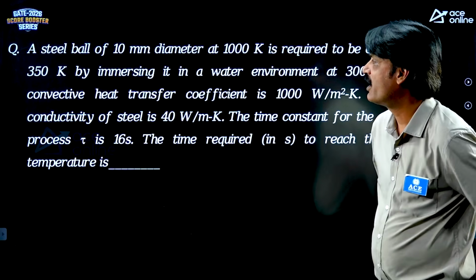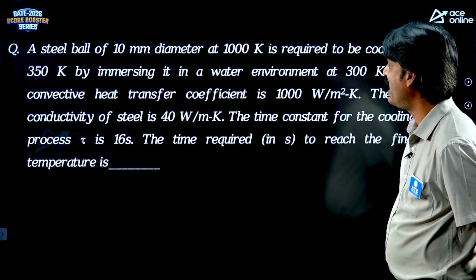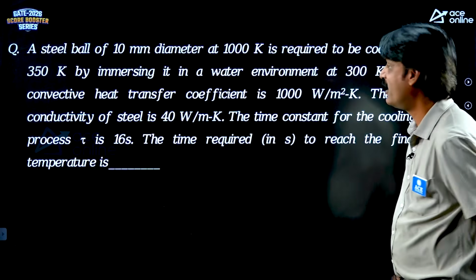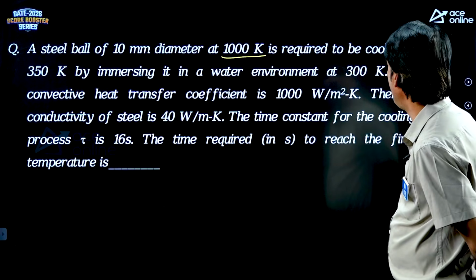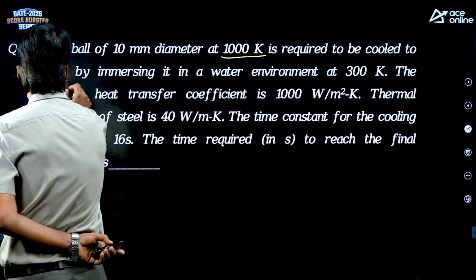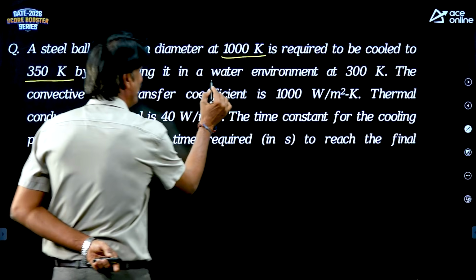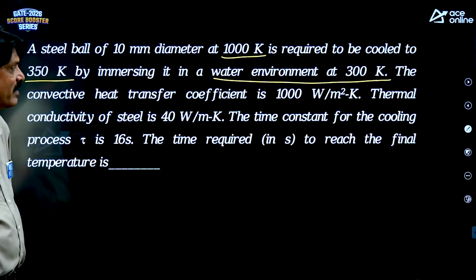Let's come to a numerical question here. A steel ball of 10 mm diameter at 1000 Kelvin is required to be cooled to 350 Kelvin by immersing it in a water environment at 300 Kelvin. Good, ambient.